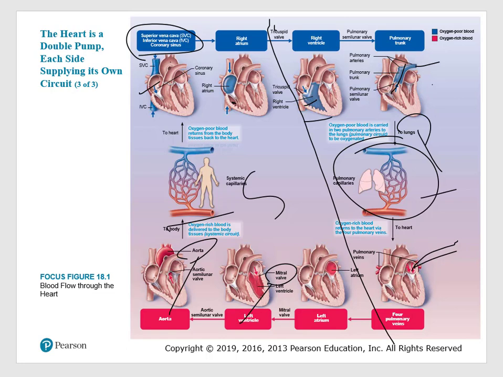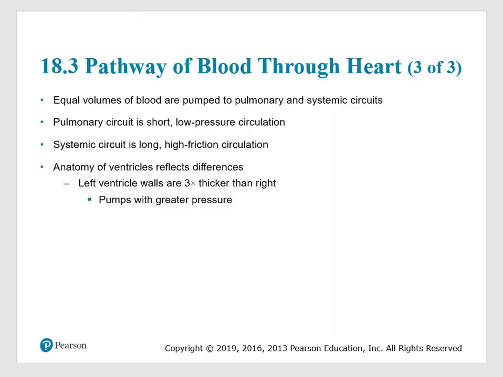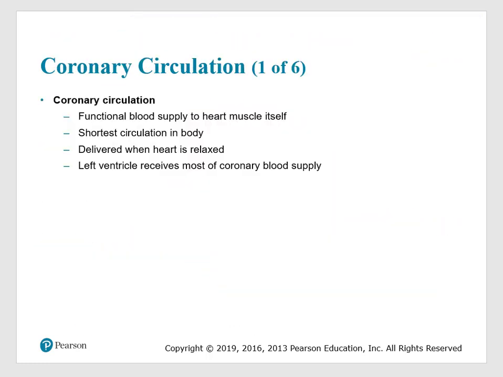Lungs oxygenate the blood, send it back to the heart through pulmonary veins to your left atrium, and from the left atrium through the bicuspid or mitral valve goes to the left ventricle. From the left ventricle it goes to your aorta, to your body once again. So this basically is the pathway of your blood through the heart.